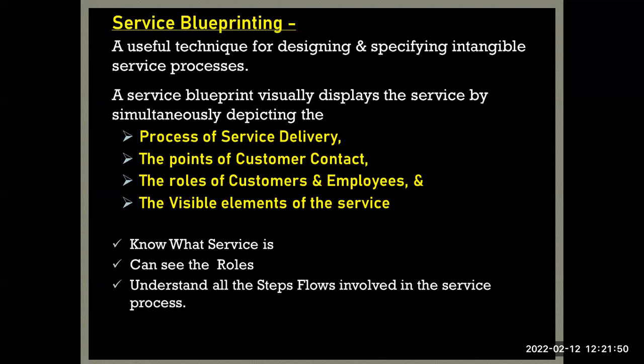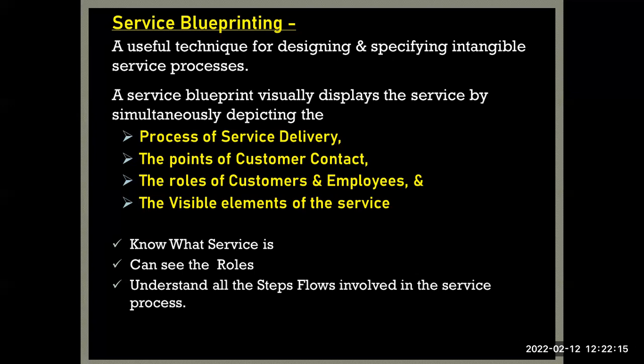Then the points of customer contact are also shown, as you have just seen in row number 1. Then the roles of customers and employees are highlighted in row 1 and row 2.